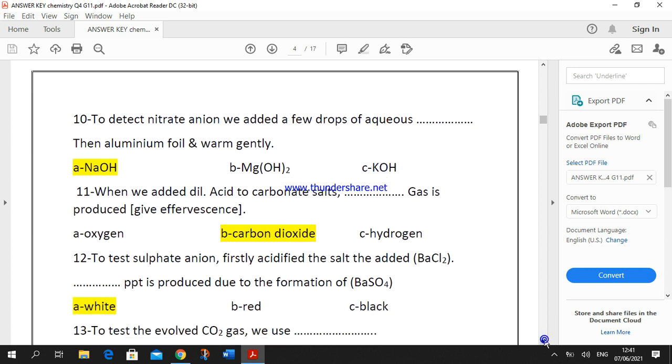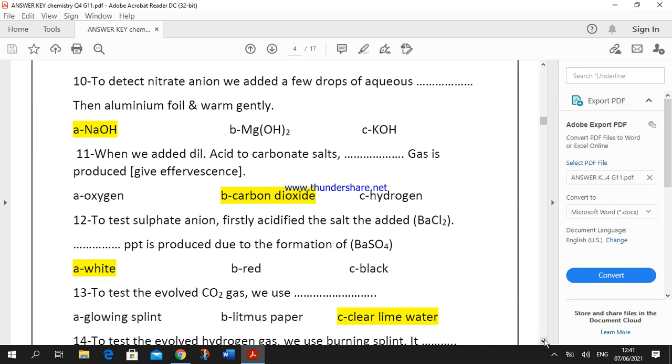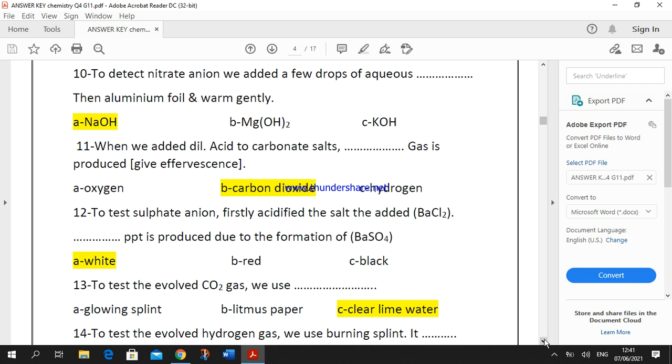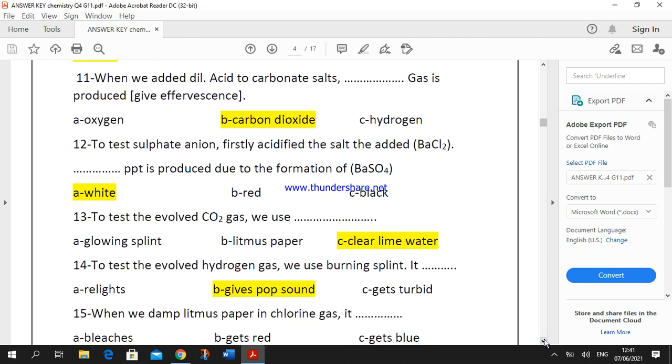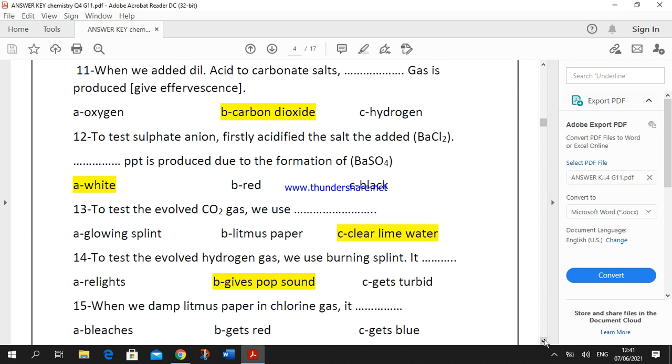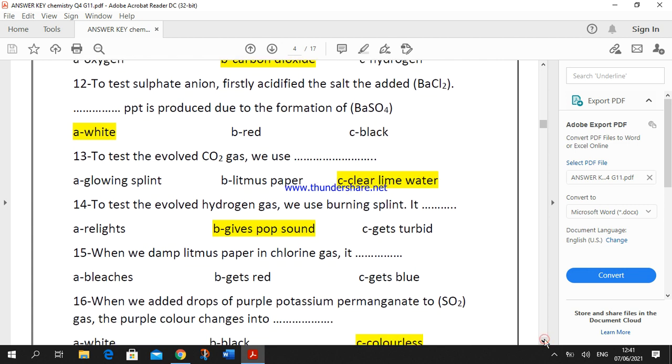Number 11, when we add dilute acid to a carbonate salt, carbon dioxide gas is produced. Number 12, to test the sulfate anion, first acidify the salt, then add barium chloride. The barium chloride substitutes the sulfate salt and forms barium sulfate, which is insoluble and forms a white precipitate.